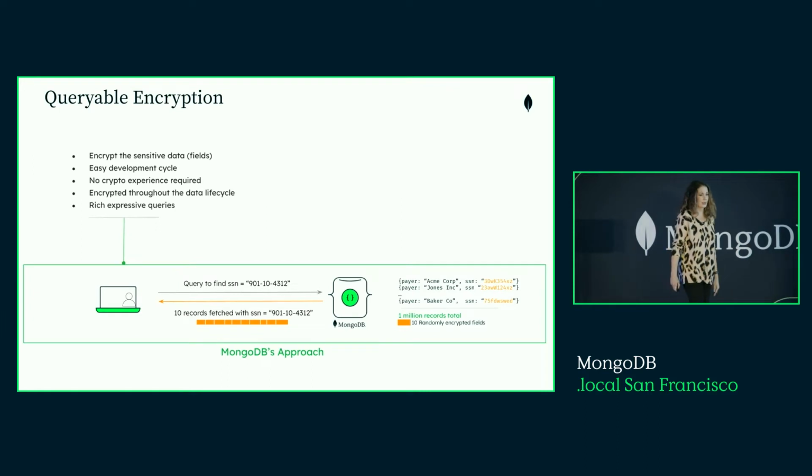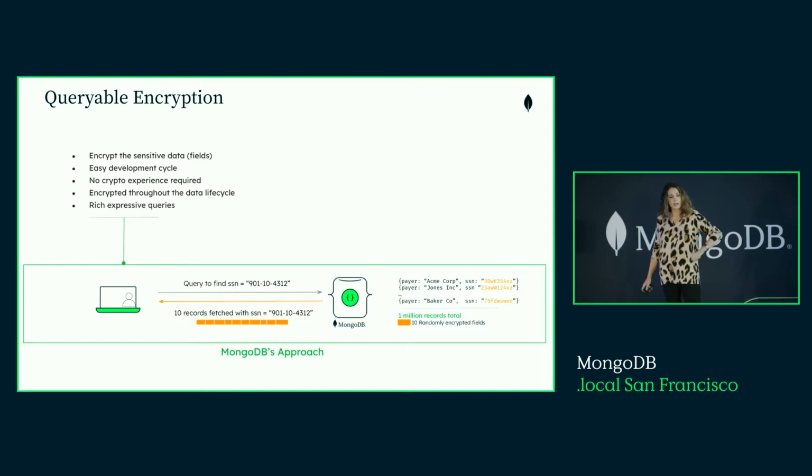So that's why we came up with queryable encryption. It allows you to encrypt specific sensitive data fields on the client side. It makes sure that those stay encrypted throughout the life cycle, because the client is the only place where those encryption keys are available. So it's encrypted in transit, at rest, and in use.